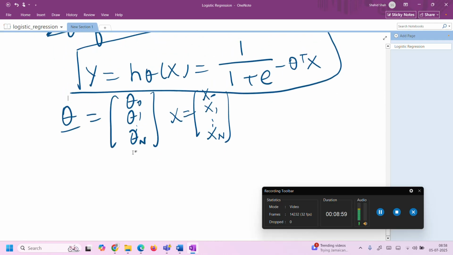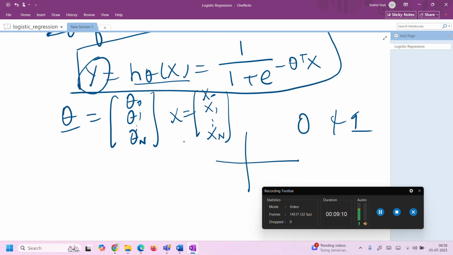Now we have to decide first of all the cost function. See, the thing is, h theta of x lies between 0 and 1, and y, the actual output from the training samples, has an exact value of either 0 or 1. So this h theta of x is actually a y hat, the estimate of y. The actual y is 0 or 1.